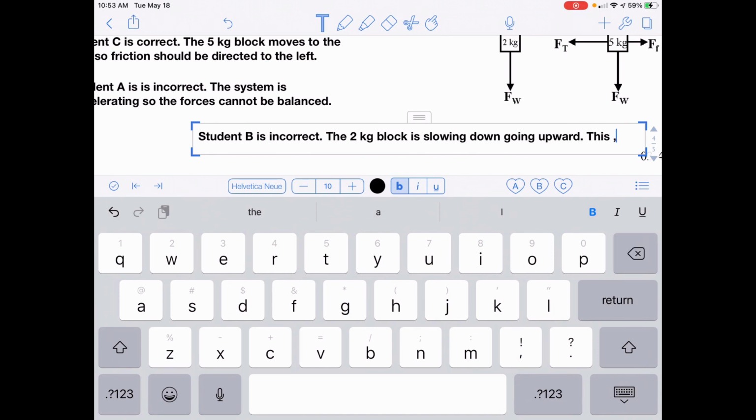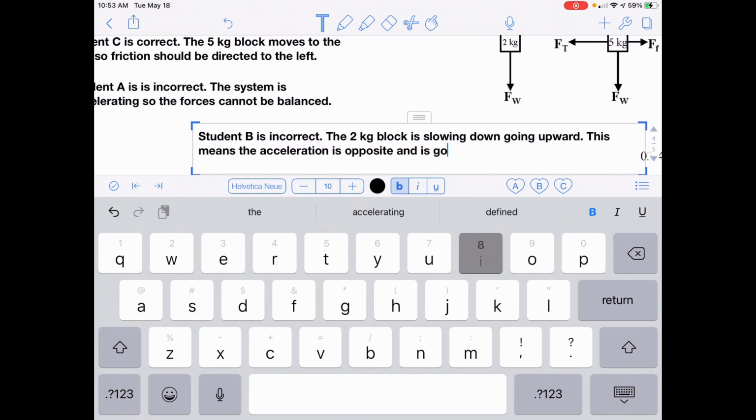This means the acceleration is opposite and is going downward.